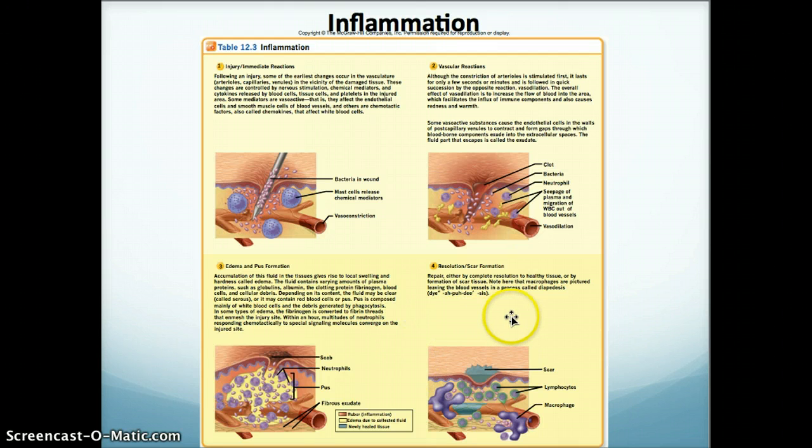And then the last part of this inflammation is going to be the resolution or scar formation. So you see that a scar may have formed over here. We have lymphocytes that are helping to repair the area, macrophages that are engulfing and going through phagocytosis of some of the cell debris and bacteria.